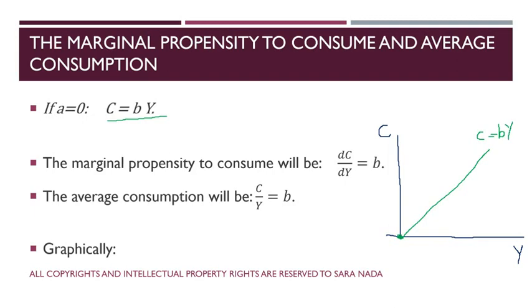If we want to show the slope of this function, let's use a different color. So showing the slope of this function, for example, at this point, what is the slope? Okay, the line is not correct.